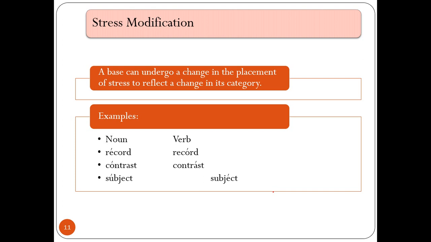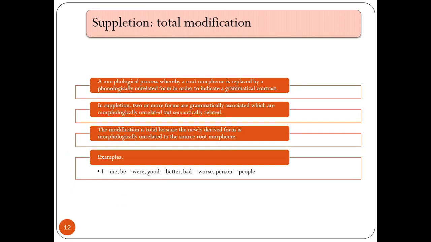In the first one, they are all nouns and the stress is on the first syllable. But in the second case, the stress shifts to the second syllable. So this is also modification of stress, and this is partial. That's it. Move on, and this is non-concatenative.